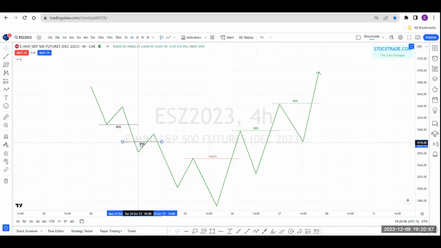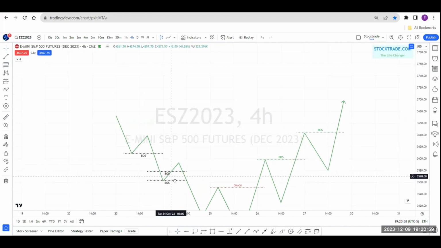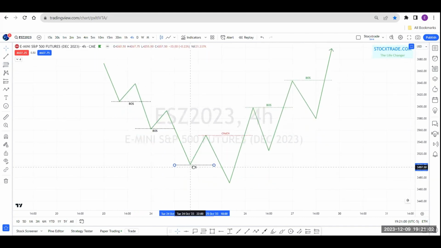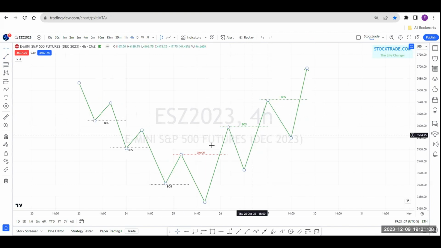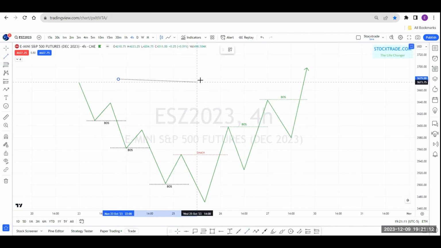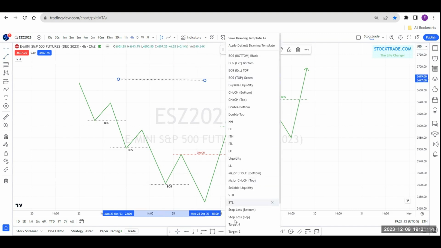Just for simplicity, I have different colors, because once the market goes on, I don't want to see anything else; I want to see a clear picture. So I have already saved everything here. I don't need to write CH or BOS every time.